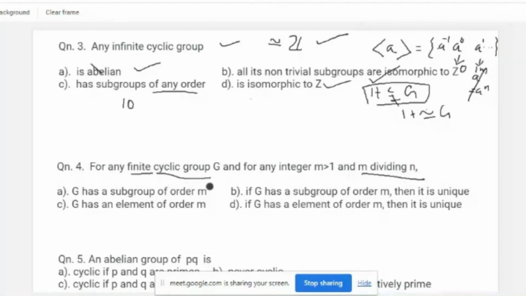Ma'am, what is n? N is the order of G. Dividing n. Yes, sorry, order of G.